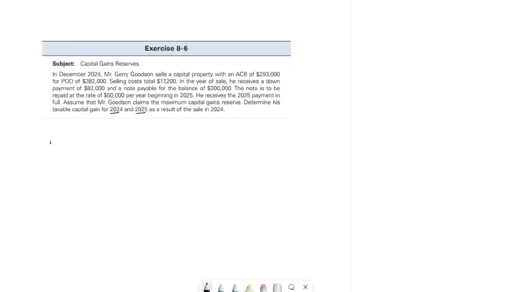So in this case, we have ACB, which is the cost, and then we have something called proceeds. The difference between the both will be my capital gain.